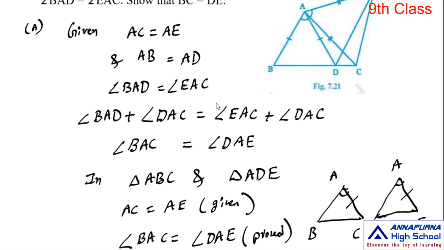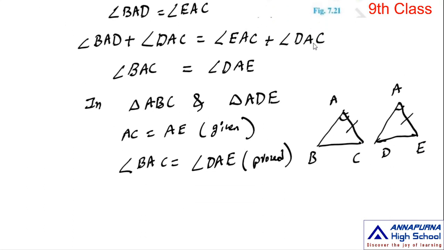Next, observe the figure. AB is equal to AD. ABD is an isosceles triangle in which AB is equal to AD.